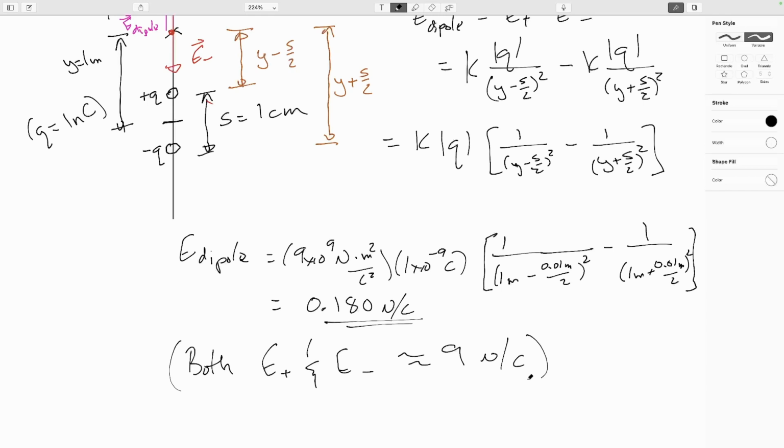So basically all but 2% of the force that each of these is exerting got canceled out. 98% of it got canceled out, and we only got this little bit left. And that's pretty impressive. As you get further away, this difference drops off even more quickly.